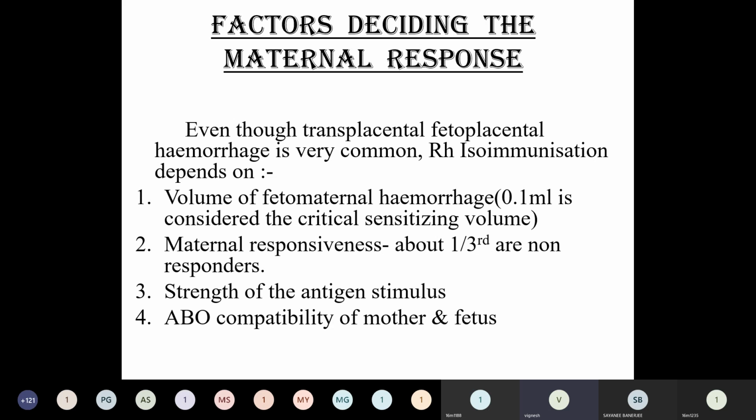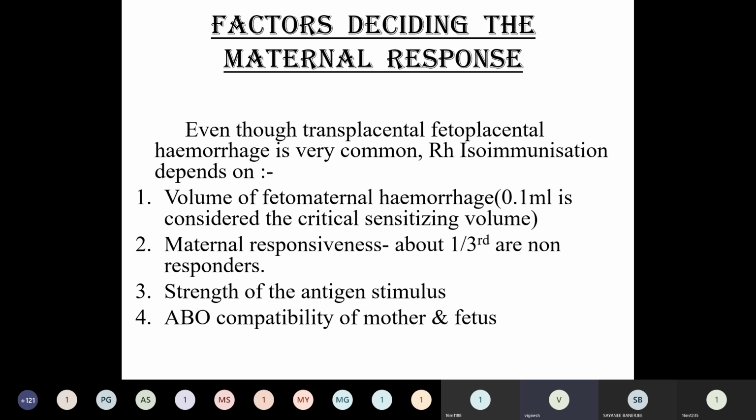The most important 4 factors are: one is the volume of feto-maternal hemorrhage. That means at least 0.1 ml of the RBCs have to cross from the fetus to the maternal side, and this is considered a critical sensitizing volume. So this is a minimal volume for feto-maternal hemorrhage to occur.